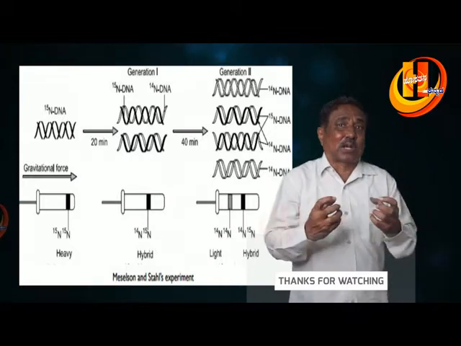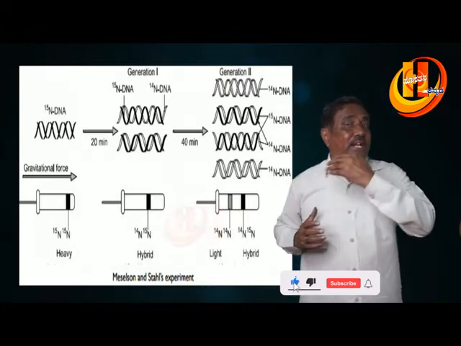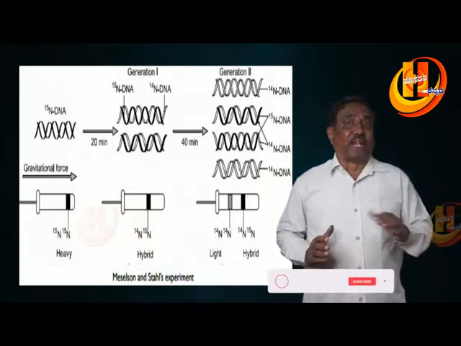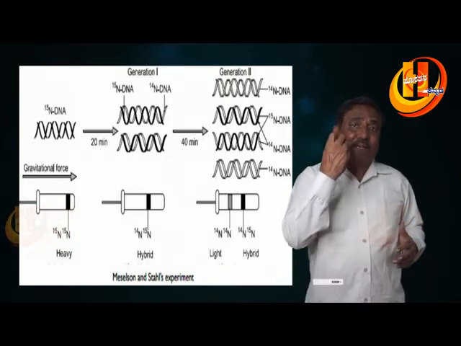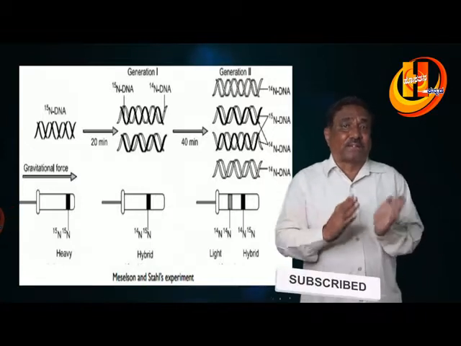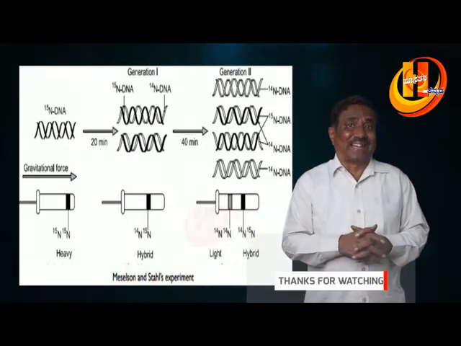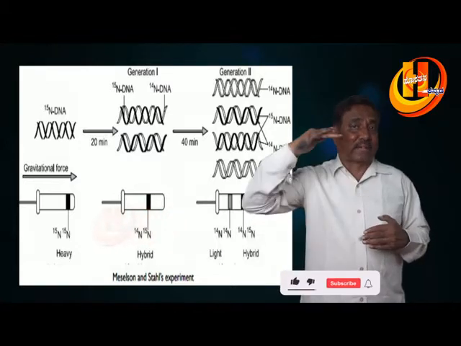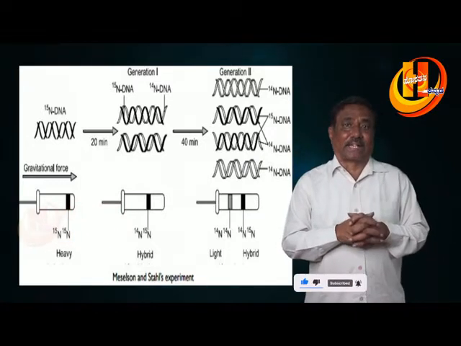They placed Escherichia coli in NH4Cl with N15, that is heavy nitrogen, but it is not radioactive. After some time they shifted this Escherichia coli onto NH4Cl with N14, that is light nitrogen. One is heavy nitrogen, N15, and here N14. They are not radioactive.